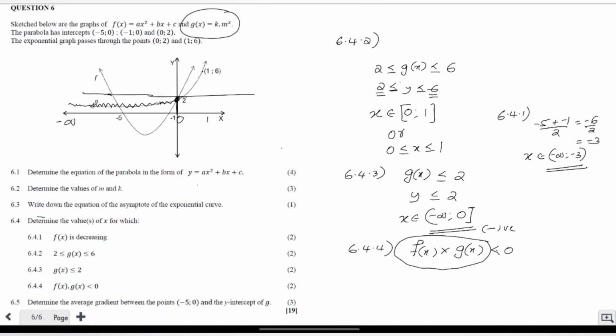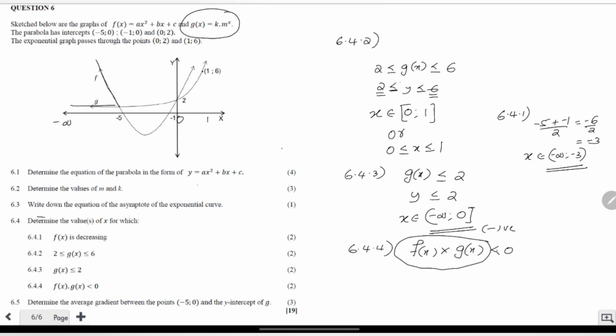Can you find that interval on the x-axis? Let me rub this. If you look from minus infinity, the intervals we are taking on the x-axis: from minus infinity up to minus 5, the exponential is positive, the parabola is also positive, both are above the x-axis.